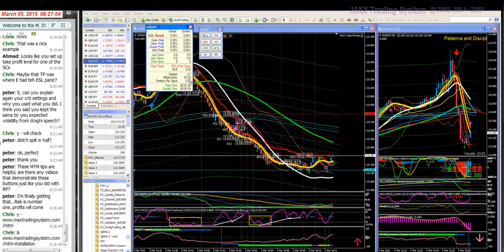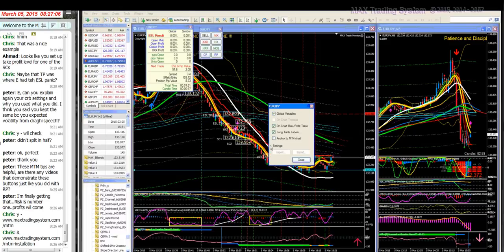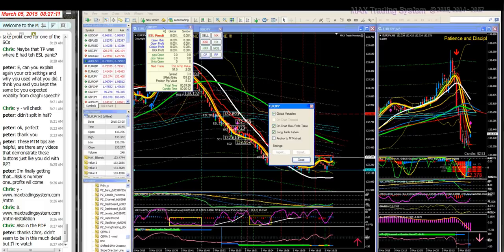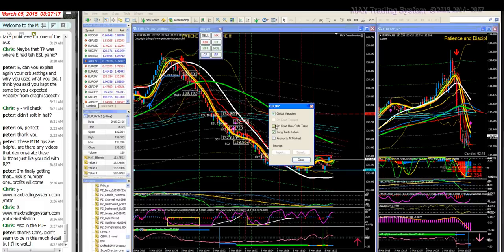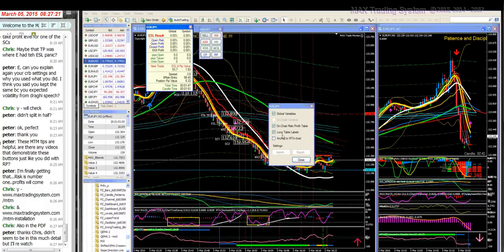The on-chart risk profit table, if it is checked, opens that panel here. If it is unchecked, that panel will close. Okay? So let's open that panel. Then on the third box you have the labels here. You can choose long labels or short labels. You can also anchor the panel to the chart.